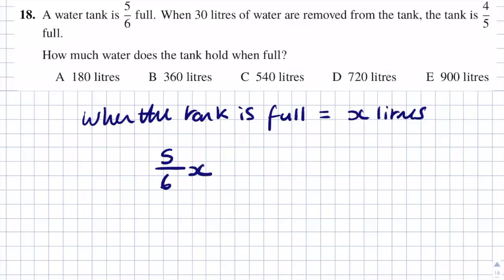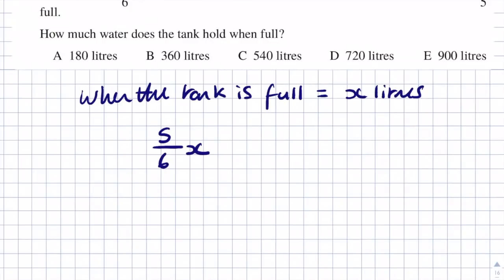And we're told when 30 litres of water are removed from our tank, the tank is now 4/5 full. So if we subtract 30 from 5/6 of x, that's going to be equal to 4/5 of x. And that's it. We've got an equation.